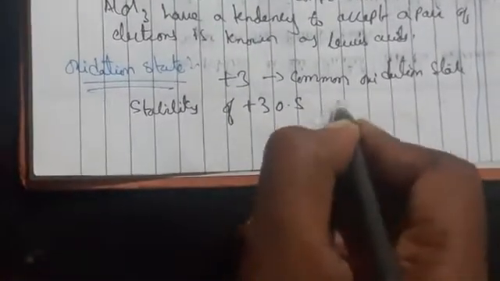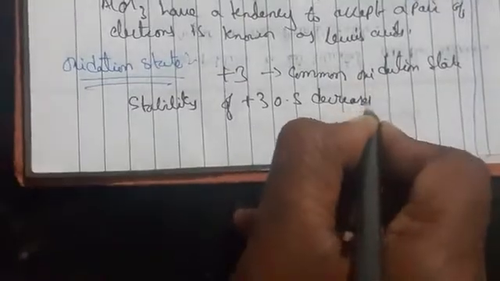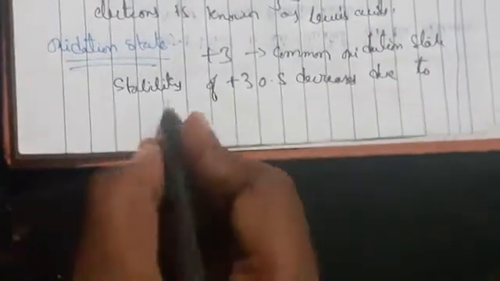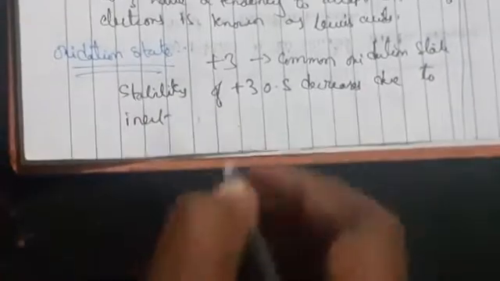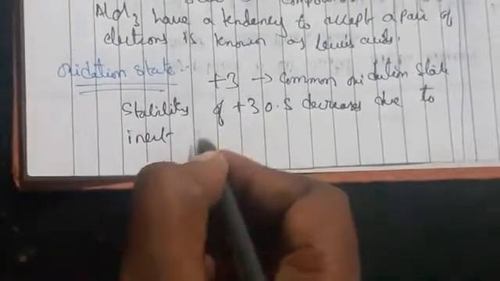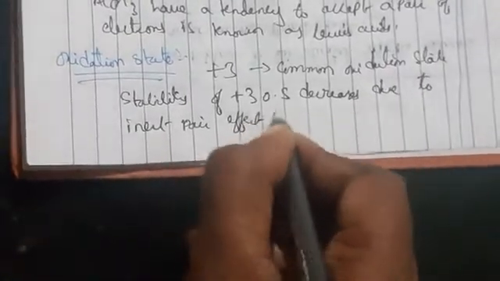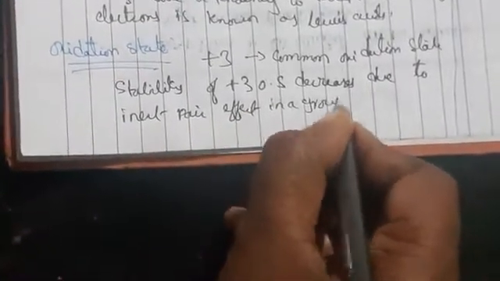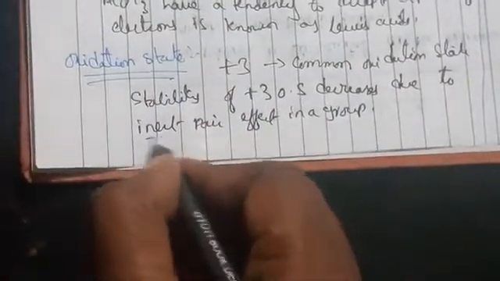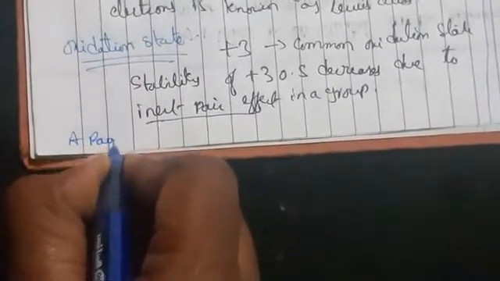Stability of plus 3 oxidation state decreases due to inert pair effect in a group. In a group the oxidation state is decreasing. Why is it decreasing? Let us see first of all the definition of inert pair effect. The inert pair effect definition is nothing but, if you are taking s electrons, what does it mean?